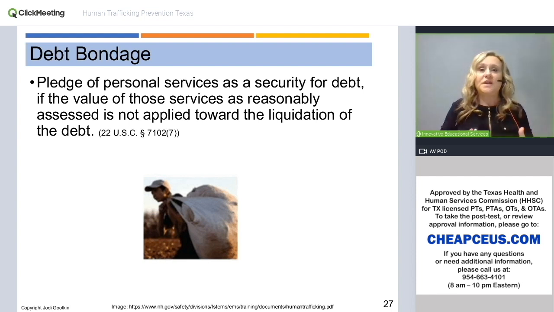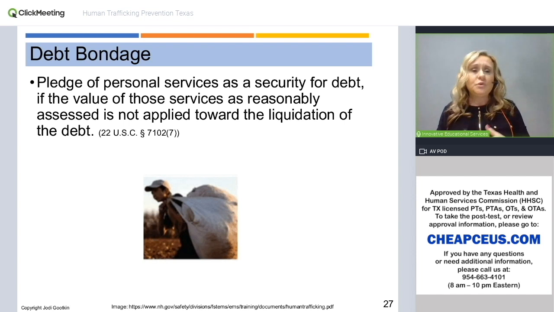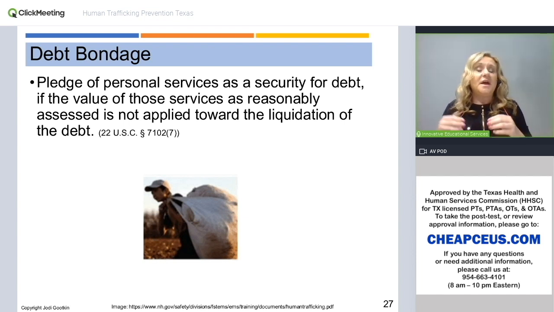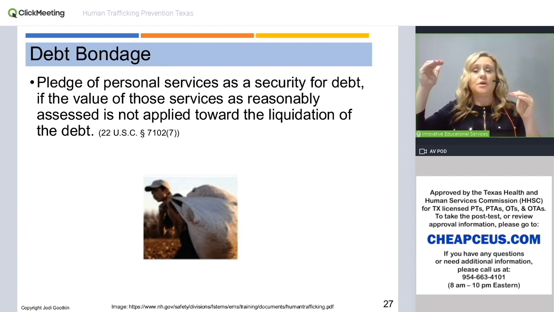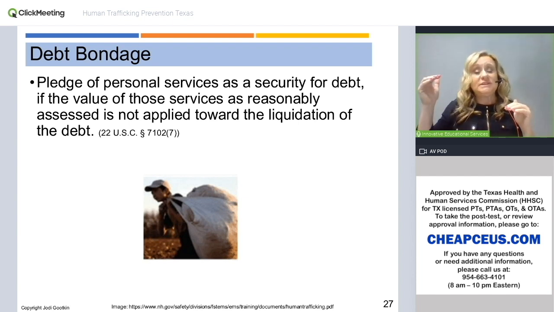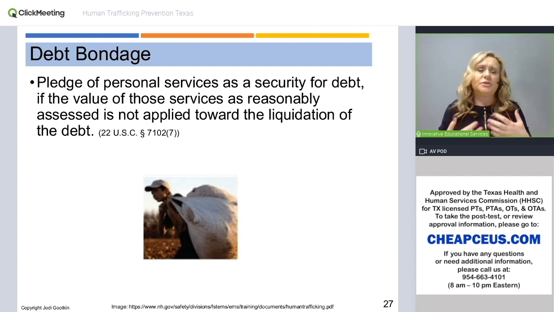Maybe they're charging them for their living expenses, for food, for toiletries, basic necessities, and the fee that the trafficker is charging keeps going up, and the wage that they're giving the worker will never catch up. The trafficker ends up keeping all the money, the individual is still in debt to the trafficker, and they have nothing for themselves while enduring these inappropriate, intolerable circumstances, and that's debt bondage.